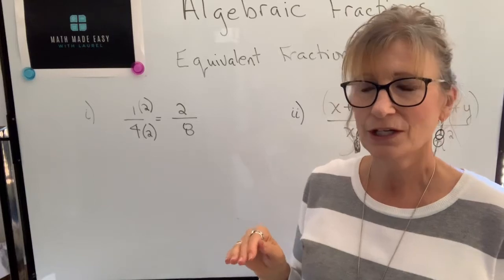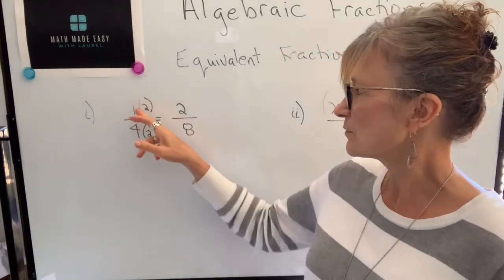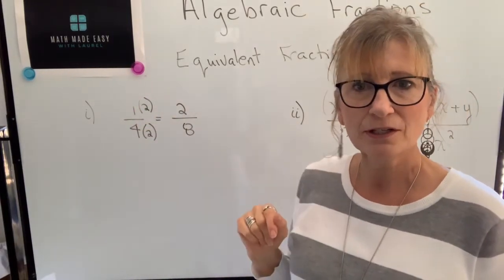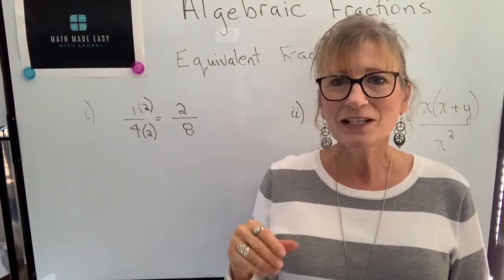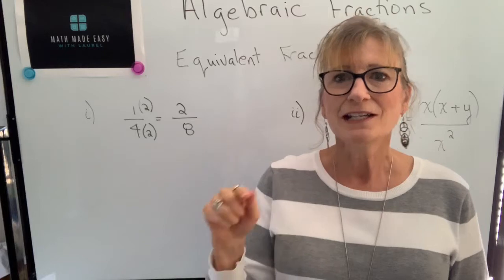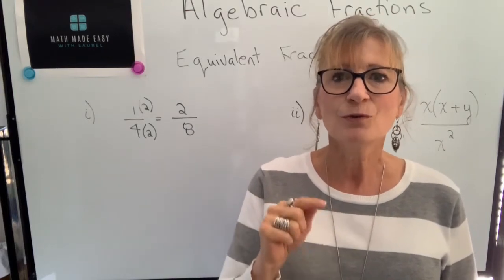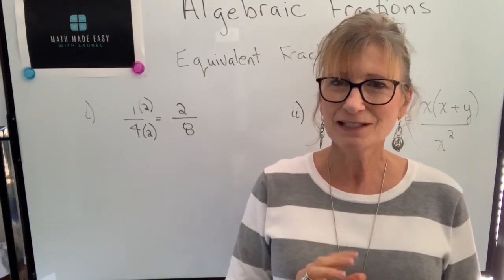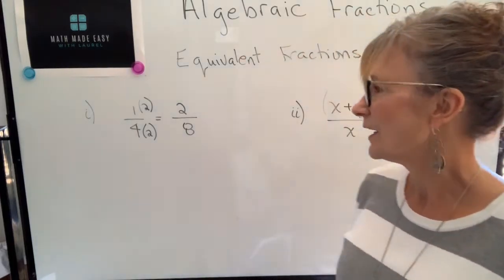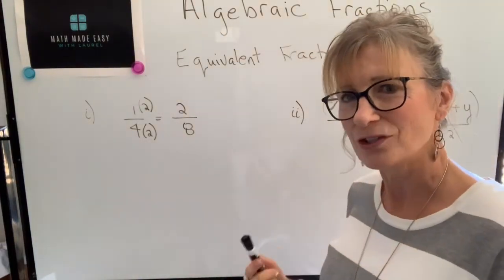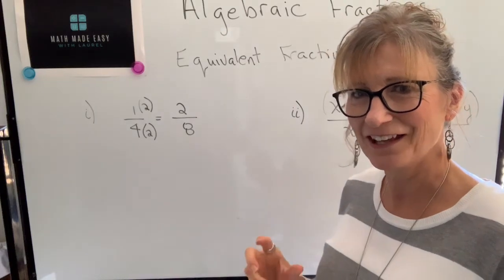That will not work. You can't, let's say, square the numerator and square the denominator, and you might think, well, I'm doing the same thing to the numerator and the denominator, but the only same thing that you can do is multiply by the same factor or divide by the same factor. So I see that as a common mistake, and I just wanted to point that out. And I'll probably mention it again and again.